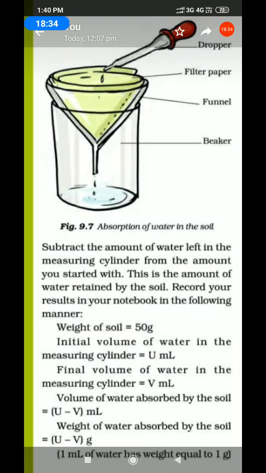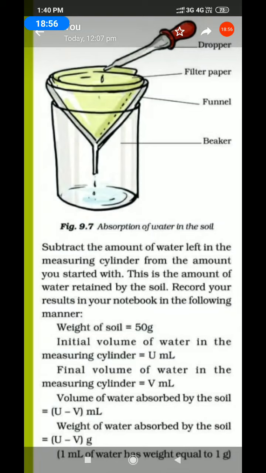Can you understand? See the book, page number 102. Volume of water absorbed by the soil: U minus V ml. The weight of water absorbed by the soil: U minus V grams. Listen carefully.